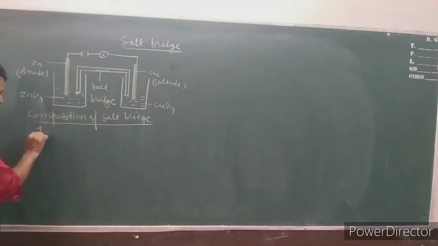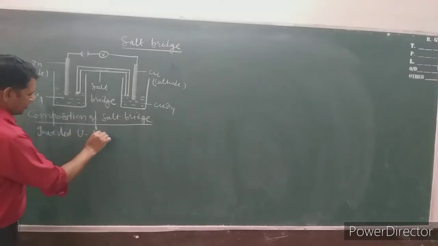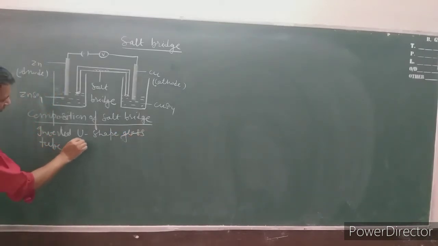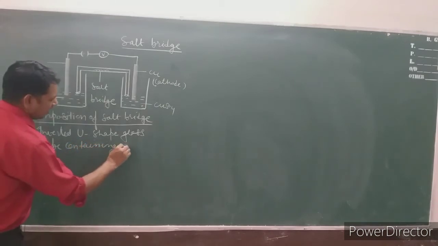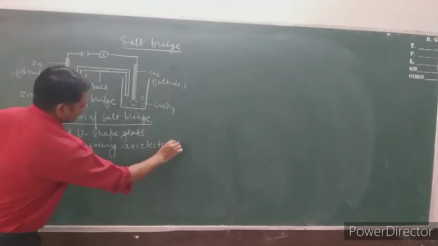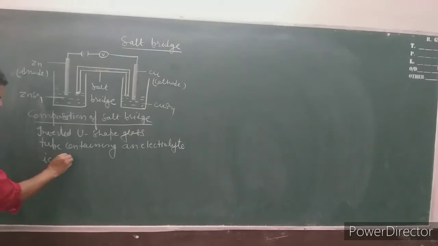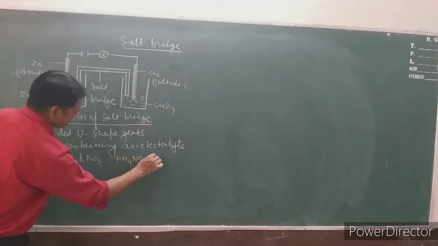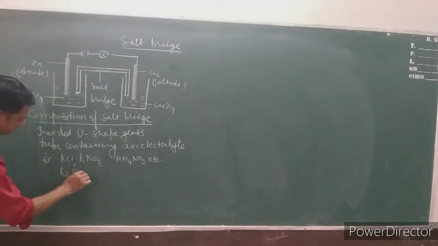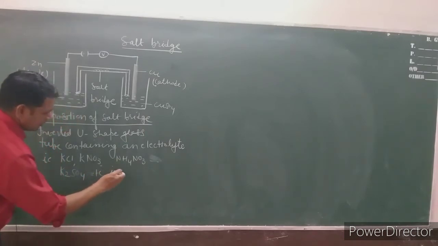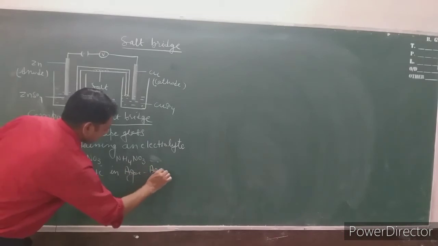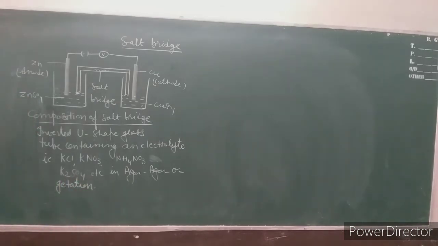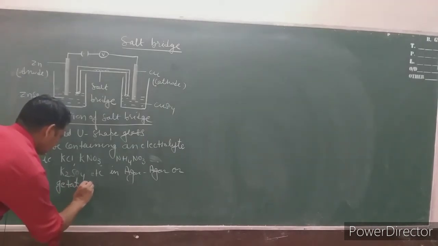It is an inverted U-shaped glass tube containing an electrolyte, it means either KCl, KNO3, NH4NO3, K2SO4 also, in agar-agar or gelatin.